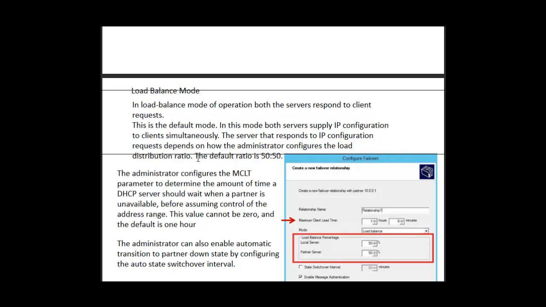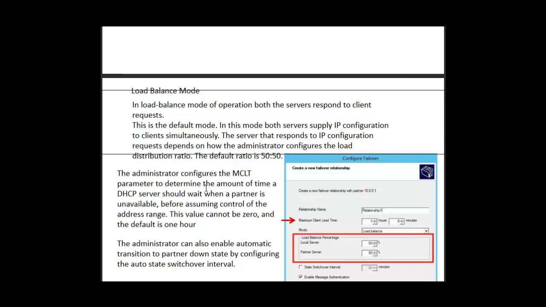And this is the default mode for DHCP failover. In this mode, you have both servers supplying IP configuration to clients at the same time. And how the server responds depends on how you configure that server. The default ratio is 50-50. You can see here the local server 50%, the partner server 50%.